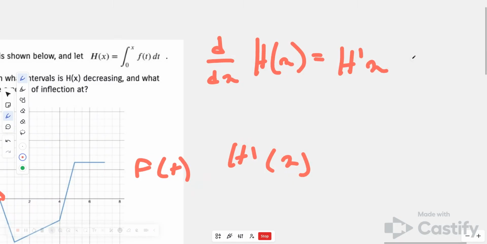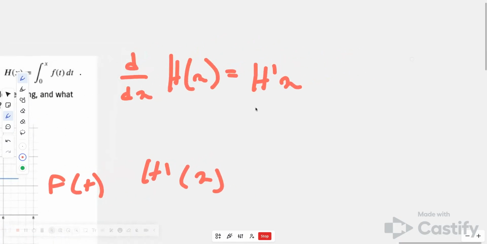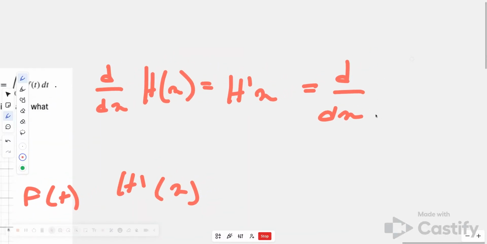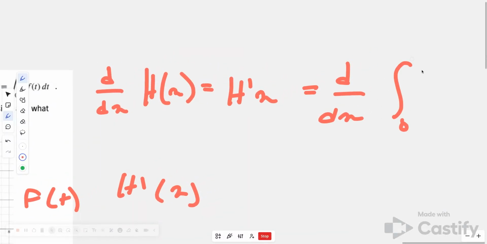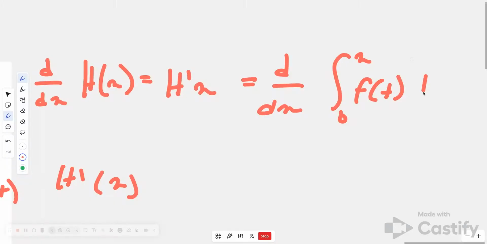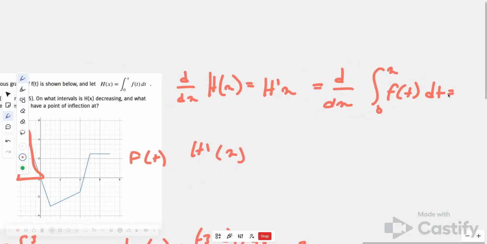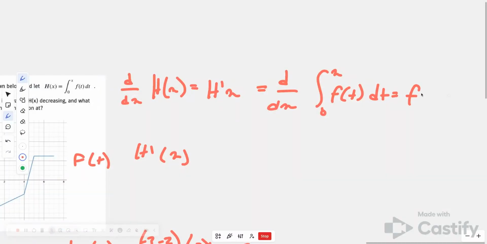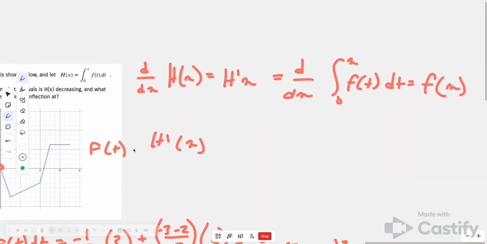And then using the second fundamental theorem of calculus, the right hand side is equal to f of x, which is what this graph is showing.